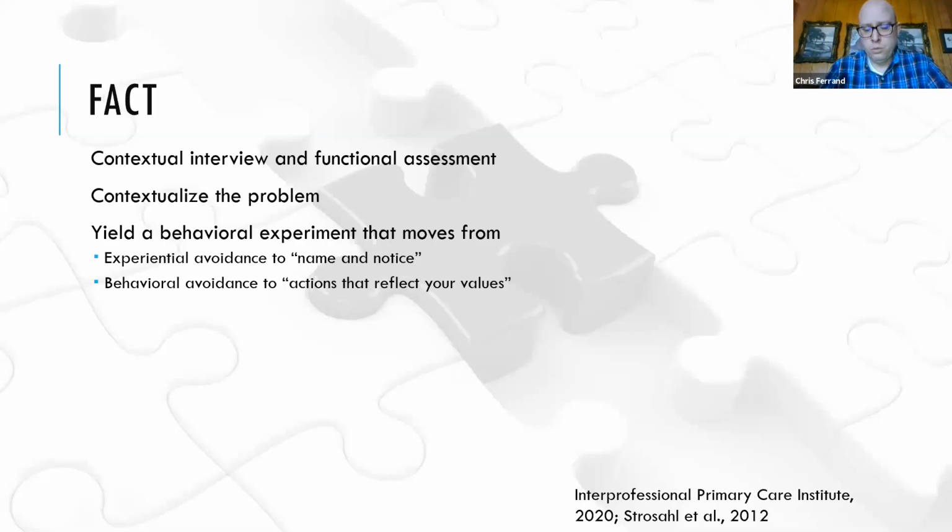So we'll be doing a contextual interview, a functional assessment. We're going to be contextualizing the problem and yielding a behavioral experiment that moves from experiential avoidance to name and notice, from behavioral avoidance to actions that reflect your values.